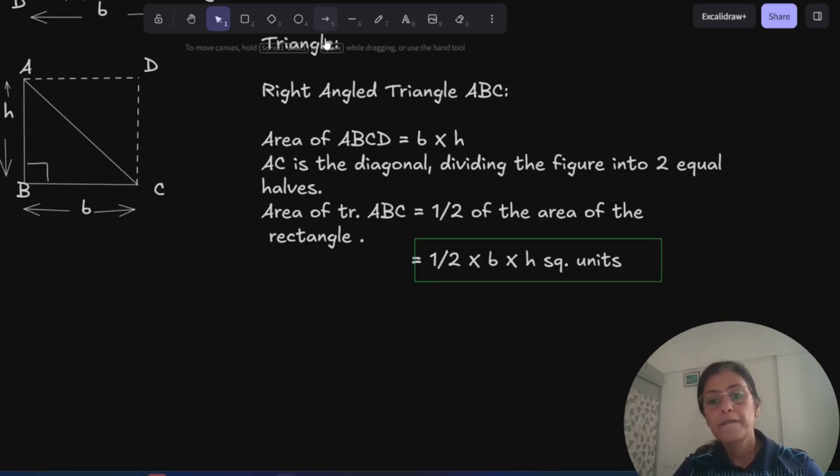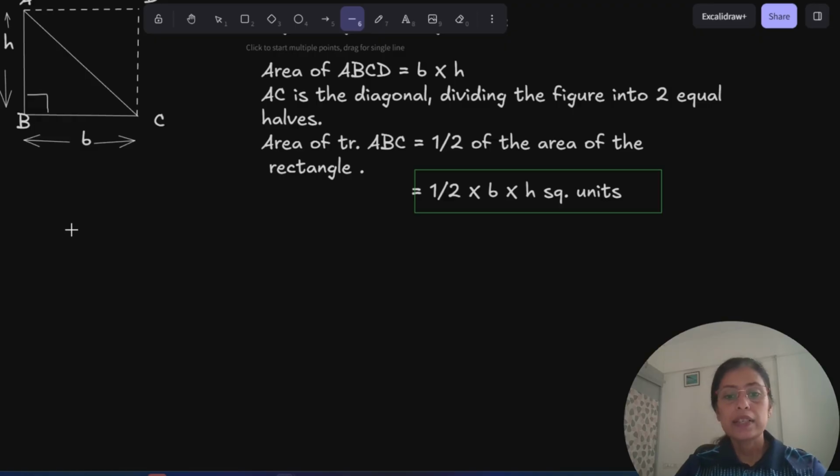Okay. Now next we took a right angle triangle, right? So someone may say, okay, what about the acute angle triangle? What about obtuse angle triangle? So let's take the further cases. Let's draw an acute angle triangle. So this is my acute angle triangle.